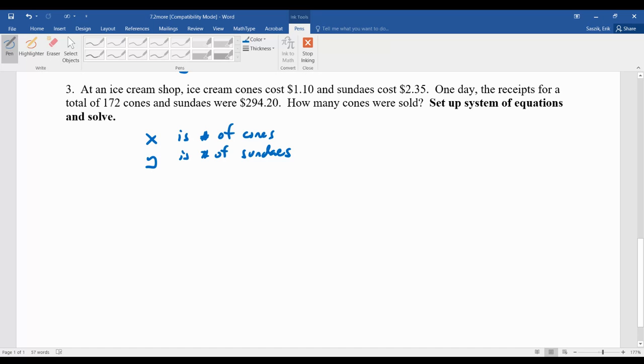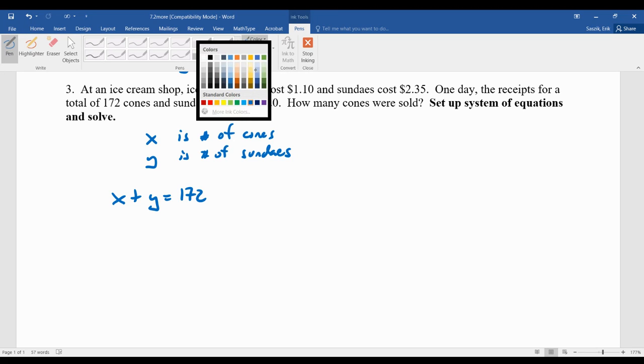So you're going to have two equations. One is the number equation. Look at the second sentence here. One day, the receipts were for a total of 172 cones and sundaes. So x plus y must be 172, right? Number of cones plus number of sundaes has to be 172.